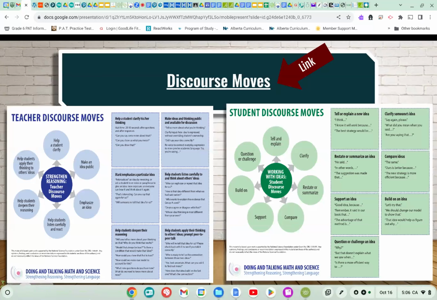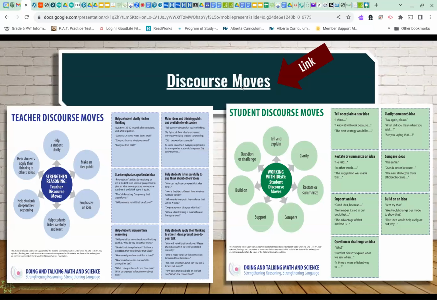Yeah. So thinking about discourse moves. This relates to the previous slide as well. But when we're thinking about discourse, what building are we wanting our students to work in? Or maybe they need multiple buildings to make sense of an idea.